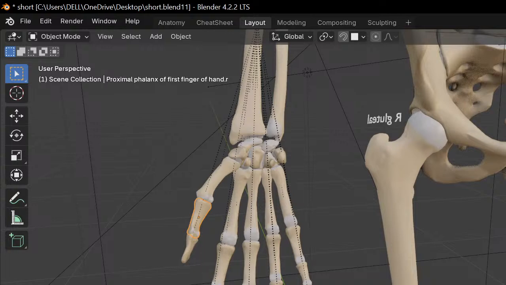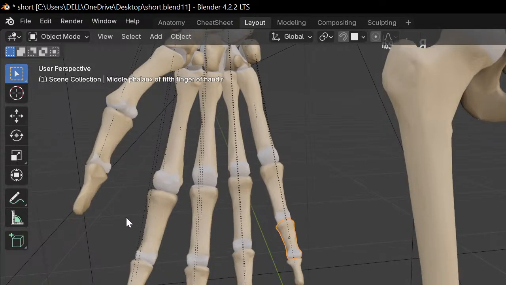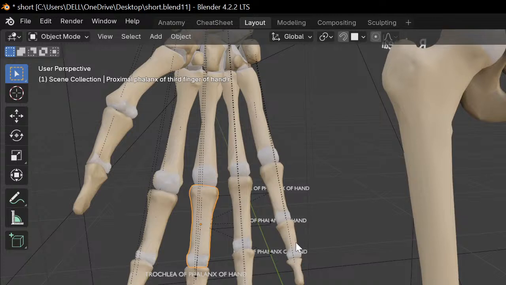Now we can see that the second finger to the fifth finger has a middle phalanx. If we zoom in on these fingers, we can see the first proximal phalanx, the second, the third, fourth, and fifth. From the second to the fifth, we also have the middle phalanx.